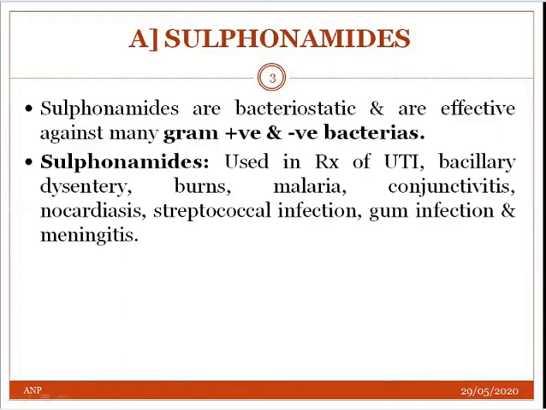They are not bactericidal. They are used in the treatment of UTI, that is urinary tract infection, bacillary dysentery, then burns, malaria, conjunctivitis, nocardiasis, streptococcal infection, gum infection, and meningitis.